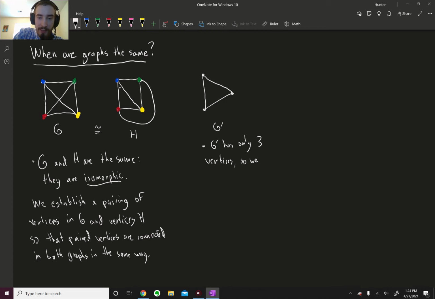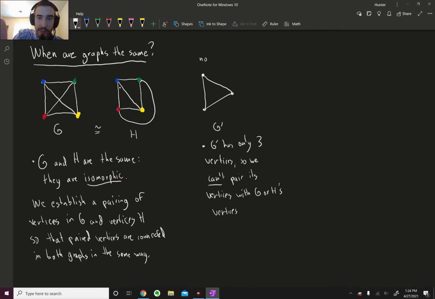So we can't pair its vertices with those of G or H, right? We'll have one leftover vertex in G or in H that doesn't get paired up. So there's no way that we can say that these two graphs are the same.